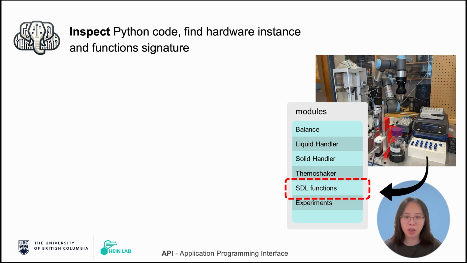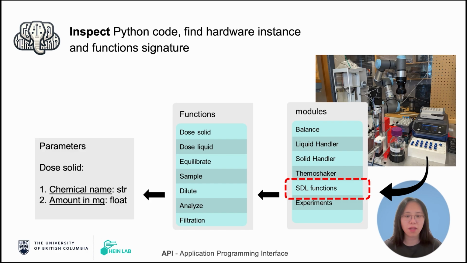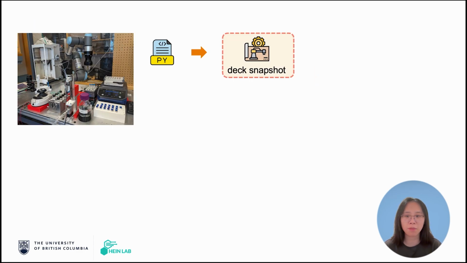For each hardware control instance, we're going to further look into their class and find the available functions of this hardware. And for each function, we're going to look into their parameters to see what kind of parameter type or default value is needed for calling these functions. So in the end, we will have the platform snapshot, which captures the current state of the SDL system.